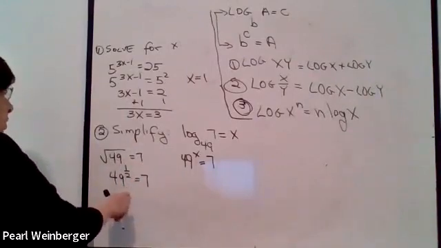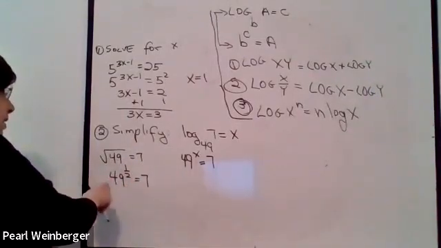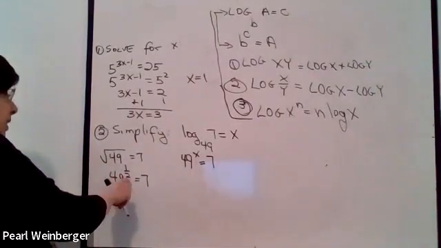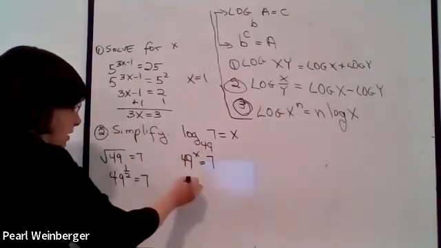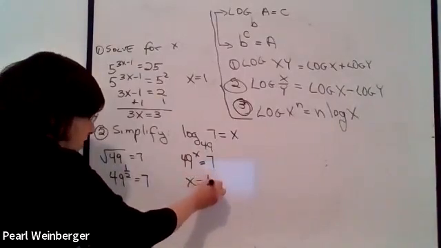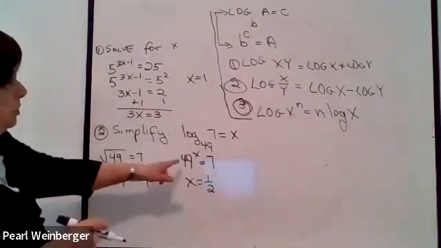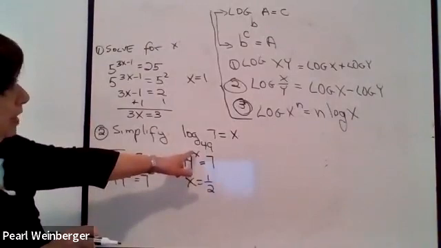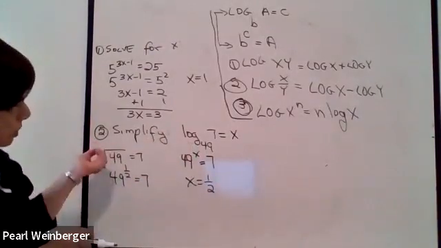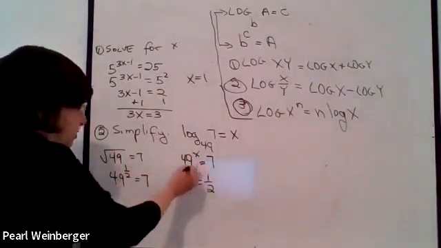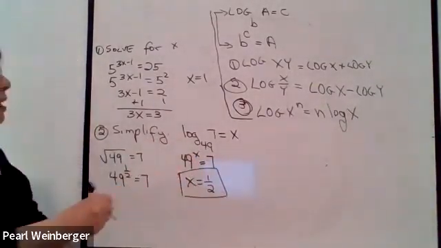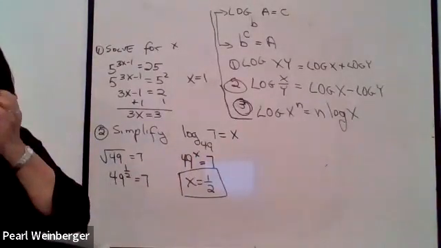The square root of 49 can also be written as 49 to the 1/2 exponent. In other words, in this case, the x has to be equal to 1/2, because 49 to the 1/2 power, which means the square root of 49, is 7. A few people did get this answer, that your x is 1/2.